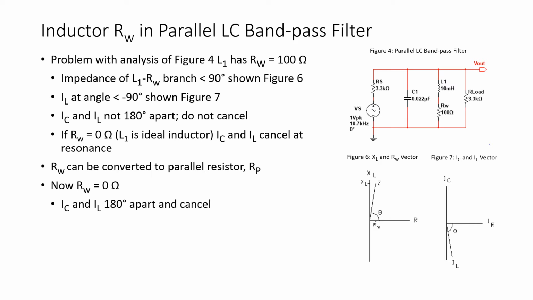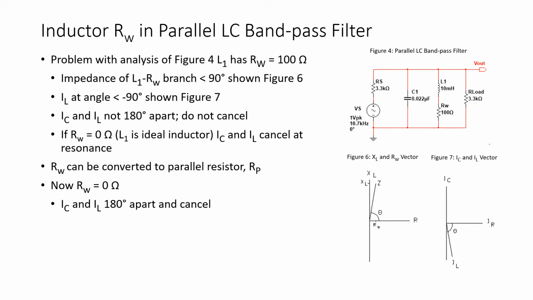And this causes the current through that branch to be at some angle other than negative 90 degrees, as shown in figure 7. Because IC and IL are not 180 degrees apart, they do not cancel, and the analysis of this circuit would be difficult at best.